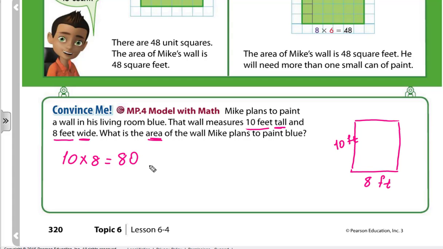Now I want you to tell me what unit should I use. Can I use feet, or square feet, or square centimeter, square meter? What should I write? Square feet.